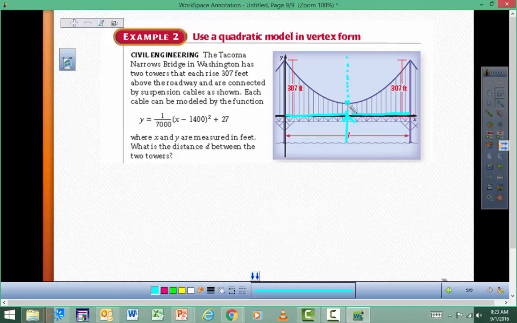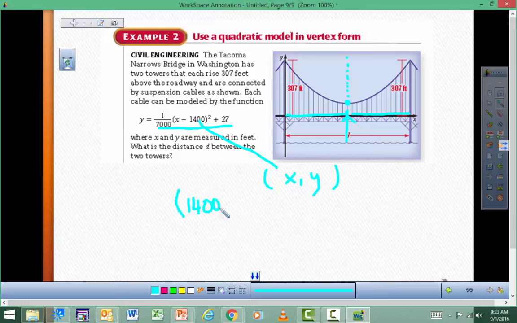And if I can find out, remember the vertex has an x and y coordinate, right? And remember, if I have the equation written in vertex form, I can find out. It's right here, isn't it? Yeah, change the sign though, right? So it's 1400, right?